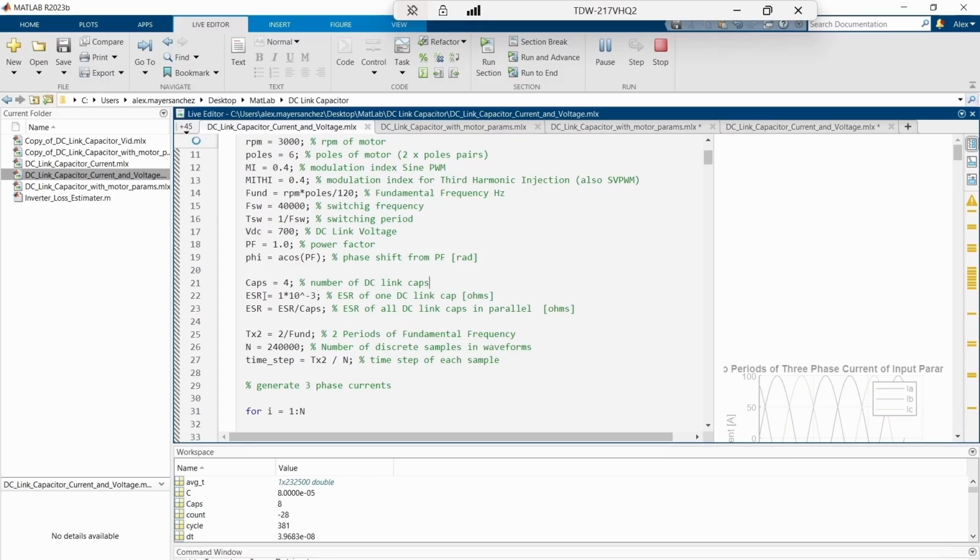And so for this example, I guess it's 1 milliohm, and then the equivalent series resistance of all the caps is going to be the ESR of 1 cap divided by the number of caps, since they're all in parallel.